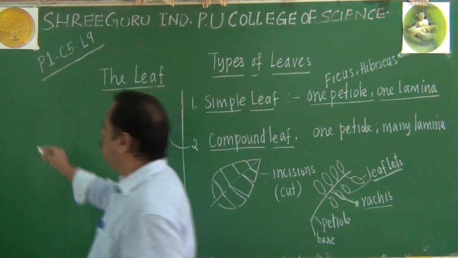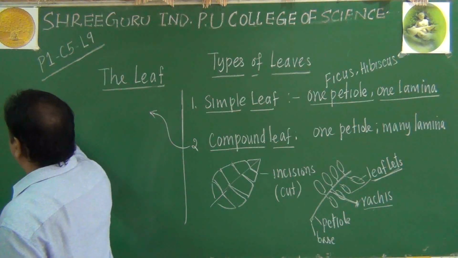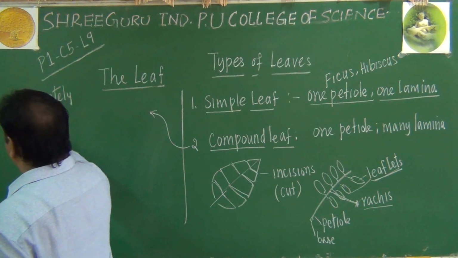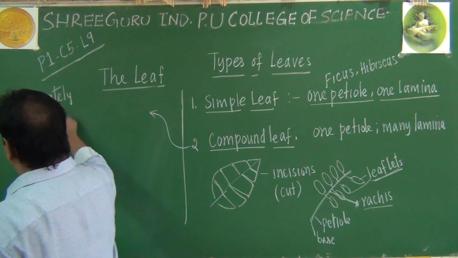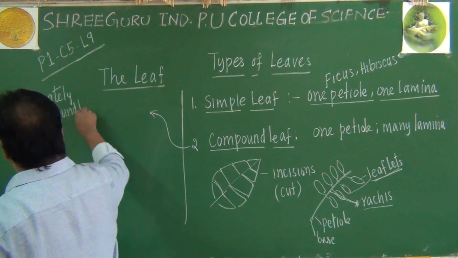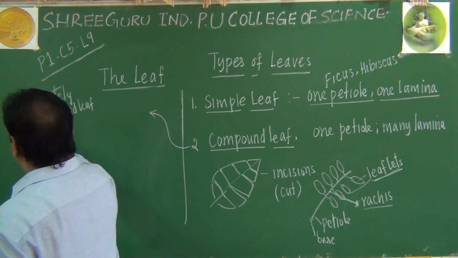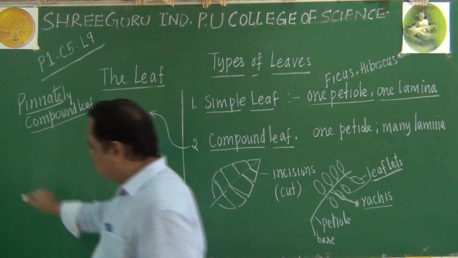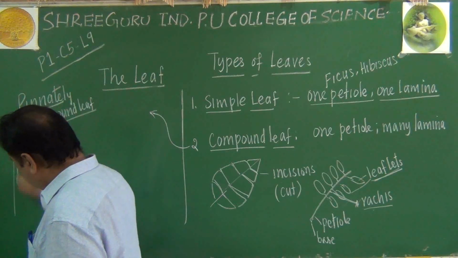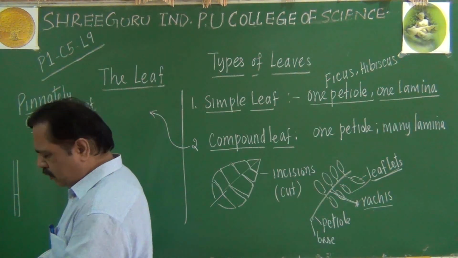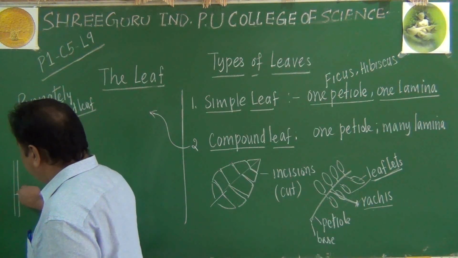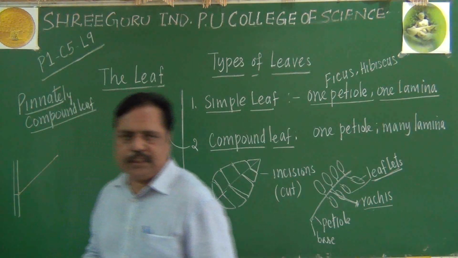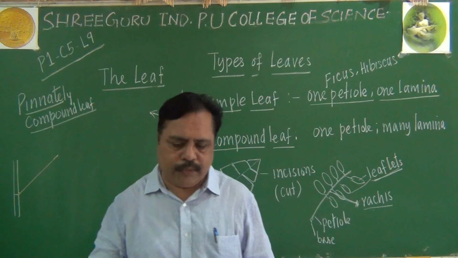One type of compound leaf is called the pinnately compound leaf. What is the pinnately compound leaf? There will be a stem like this. There will be a node. From the node, the leaf base and petiole will become the rachis because it's a compound leaf.